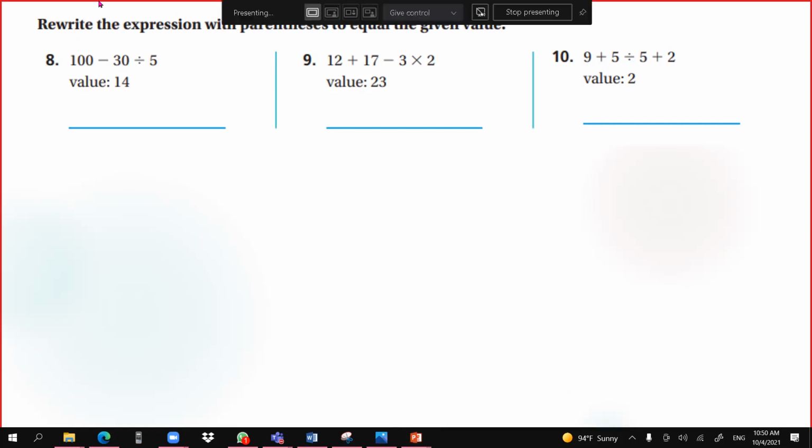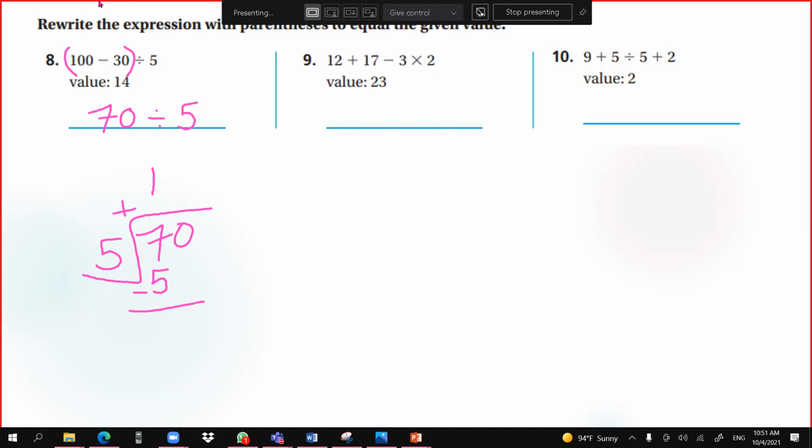Sorry, can you repeat? 100 minus 30. Let's try. 100 minus 30 is 70. Divide by 5. Let's divide it here. 7 divided by 5, 1. Is it right? 1 times 5, 5.